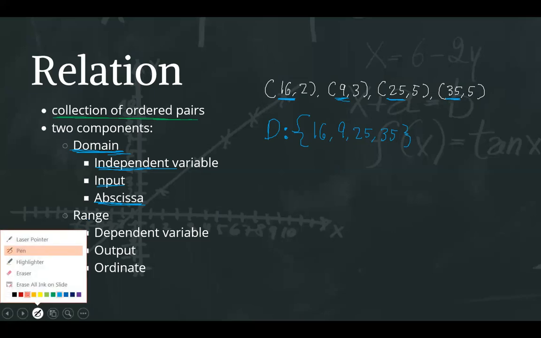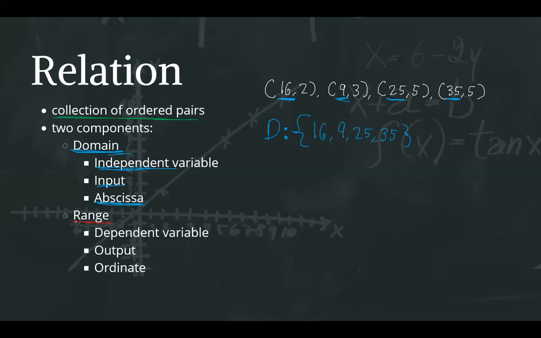Then next, how about the range? The range is a collection of dependent variables, or you can describe them as outputs or ordinates.